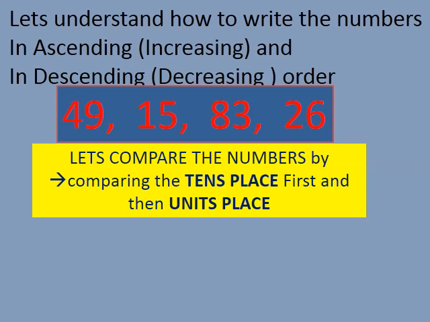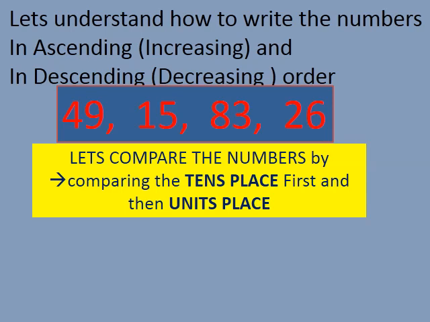Now, the first rule that we need to follow is the same as what we discussed in comparing numbers. Here we are comparing among 4 numbers. So we will be comparing the tens place of all the numbers first, and then we will compare the units place.